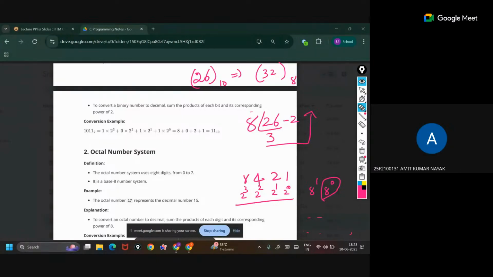So 1 into 2, what is the value? 2. Okay. 8 to the power of 1 into 3, what is the value? 24. Yeah, 24 plus 2. 26. Yes. That's it. We have got the value. Is it clear to you all? Yes, ma'am.